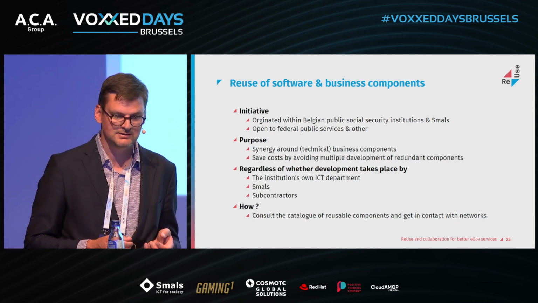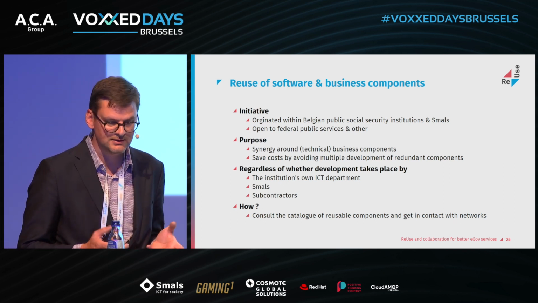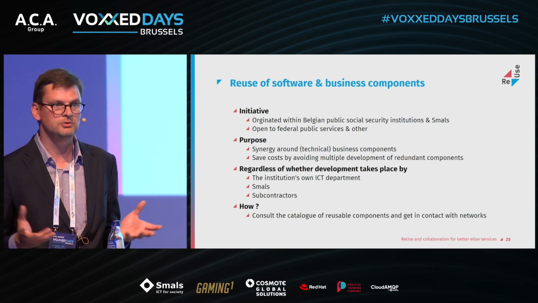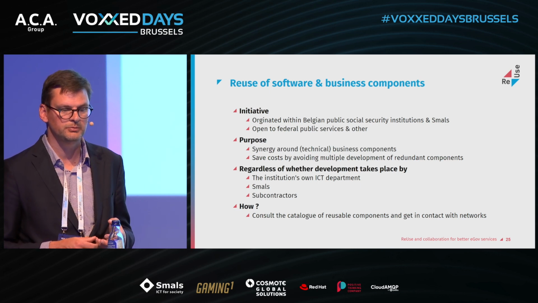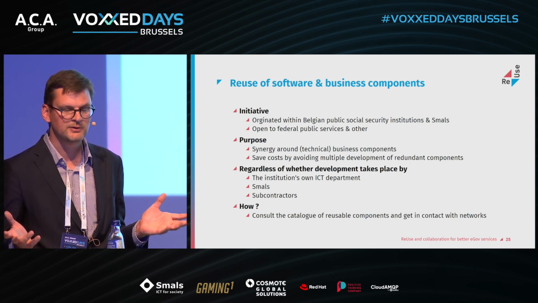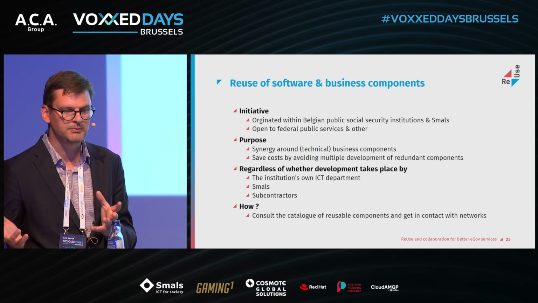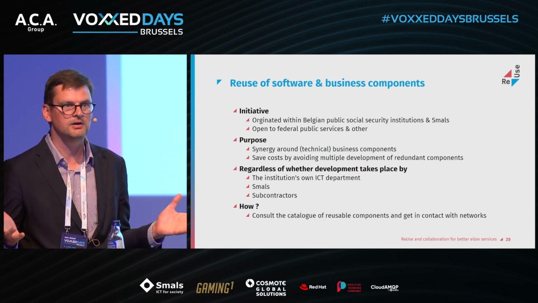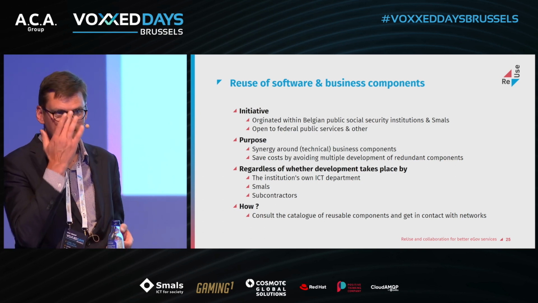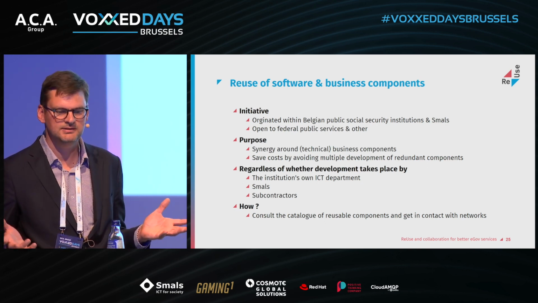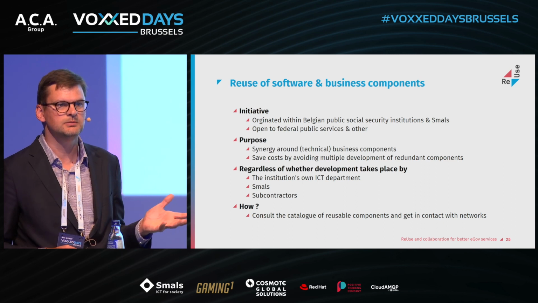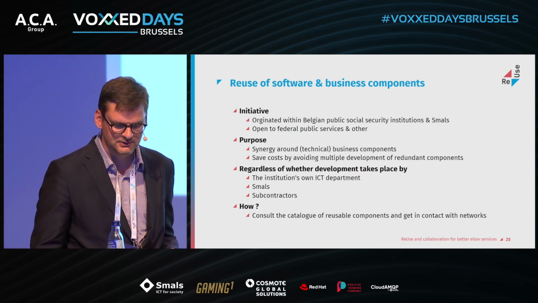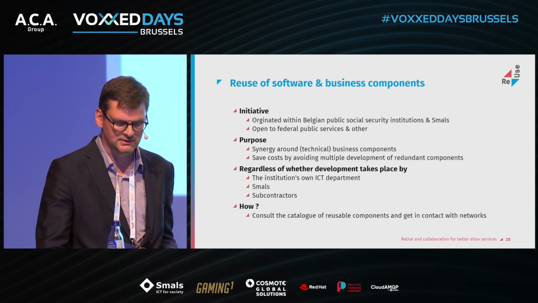And the idea is that we could save costs and avoid multiple development by using the existing components. That is regardless of whether the development takes place at Smals itself, at an institution, or even with subcontractors. So everybody that participates in the ecosystem can share these components with each other.